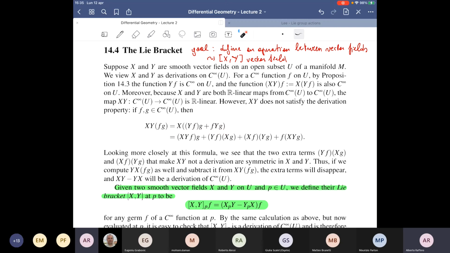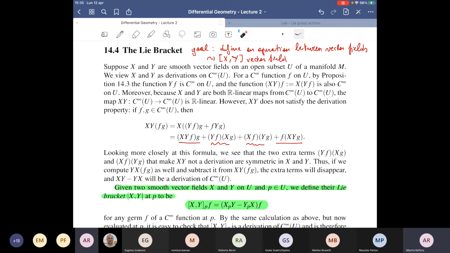So you don't get what you expect from a derivation: you expect this summand and this summand, but you do not expect this one nor this one. So this tells you that even if this map XY is an R-linear map between smooth functions, it is not a derivation, so it does not correspond to a vector field on the manifold.